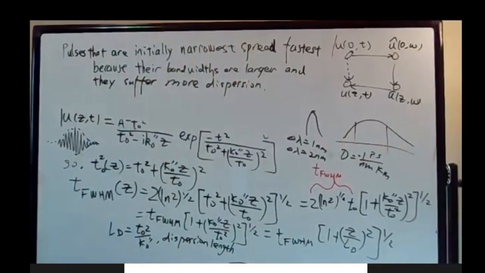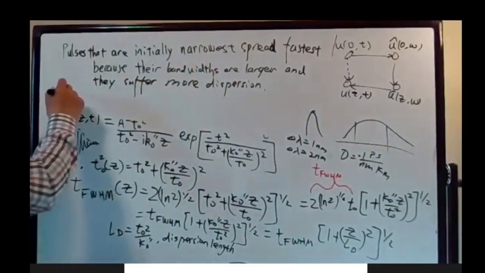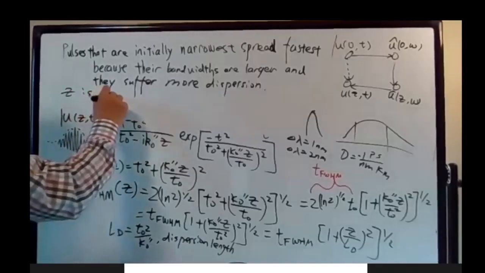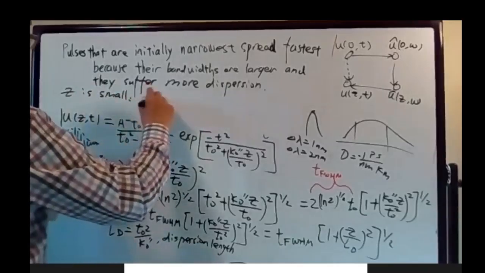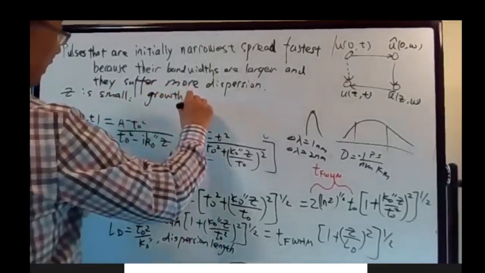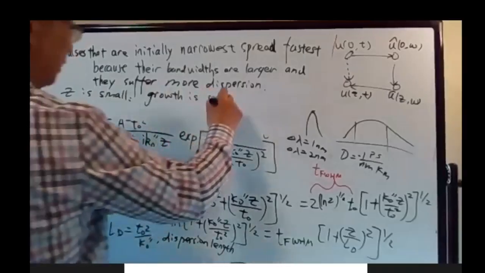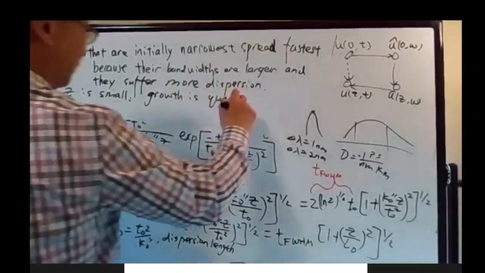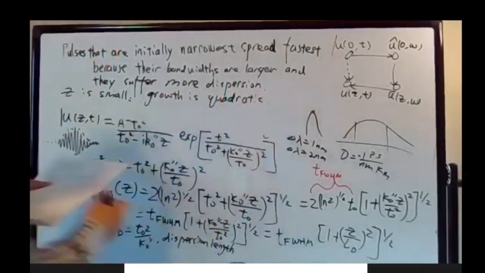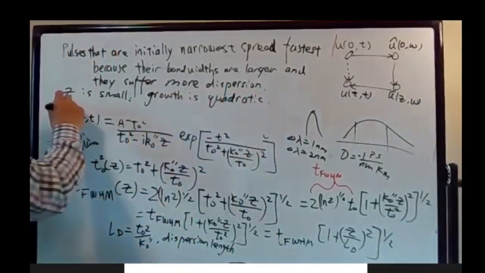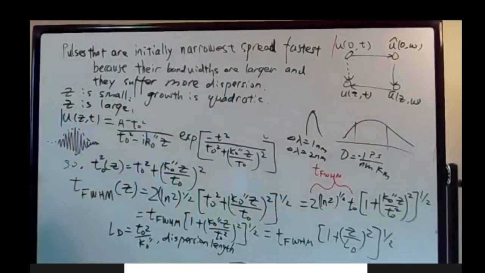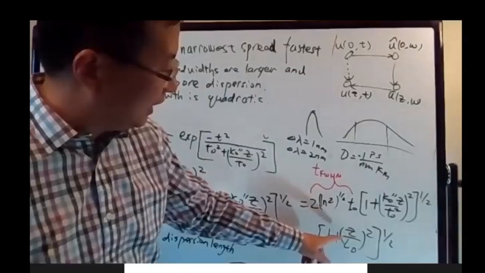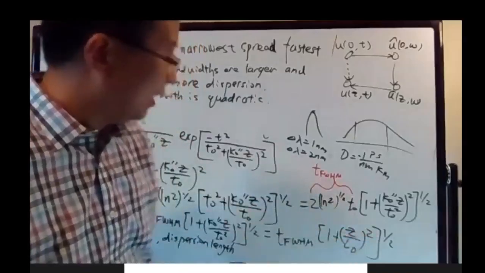Okay, when Z is small, at the beginning, the width growth is quadratic, in Z squared.